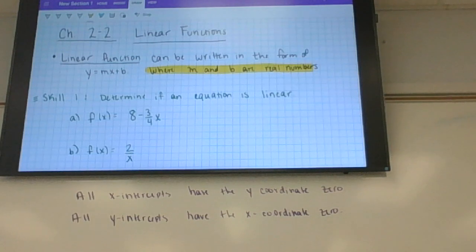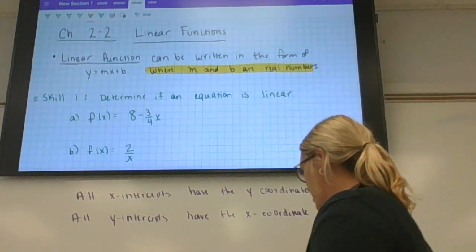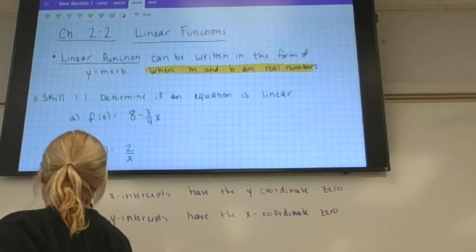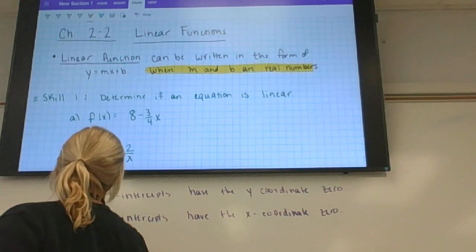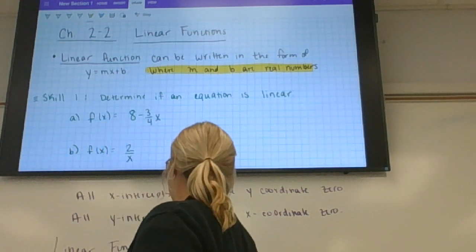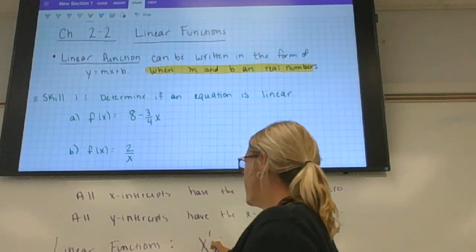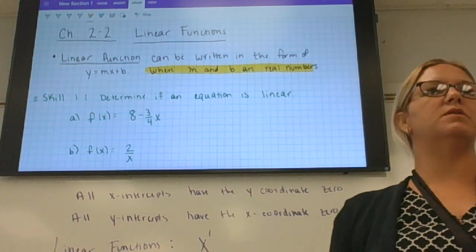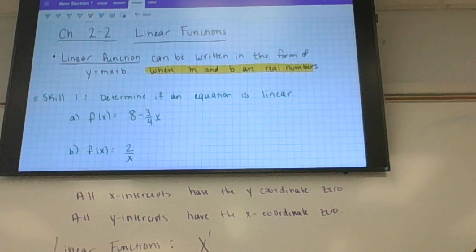I can give you a lot more information on this. You don't have to write all of this down, but there are some other rules about linear functions. X is to the first power. It has that invisible exponent of 1. It's never squared. It's never to the third power. If it's a linear function, x is to the first power.